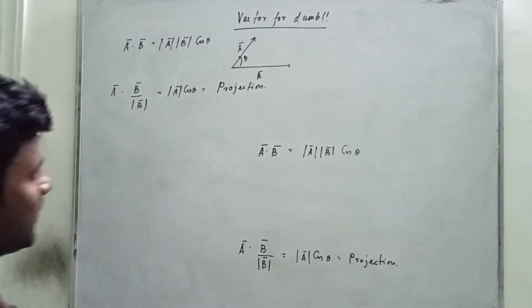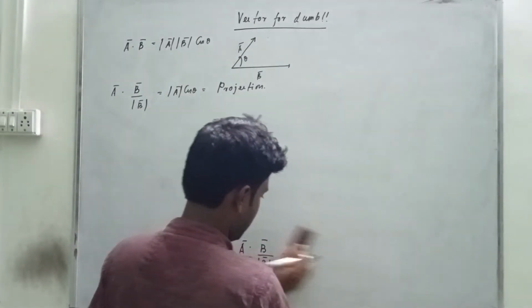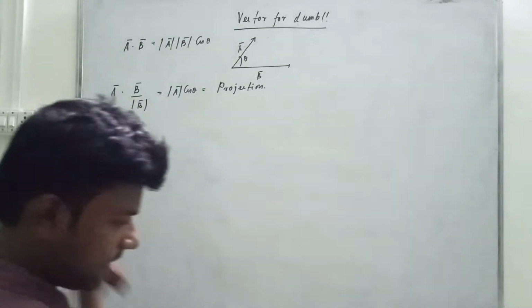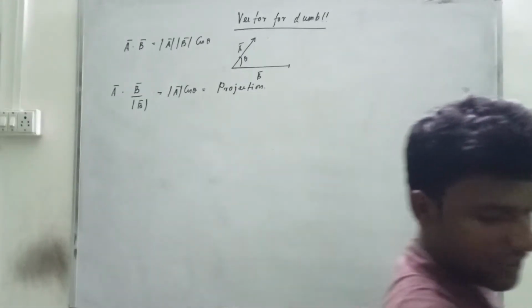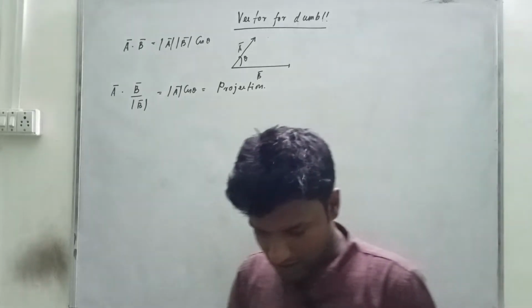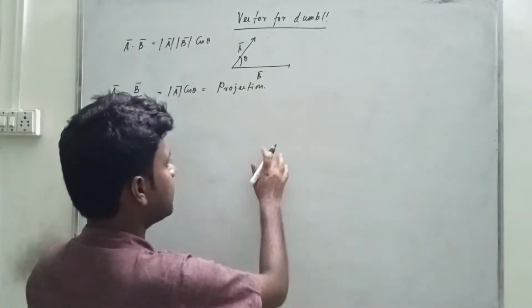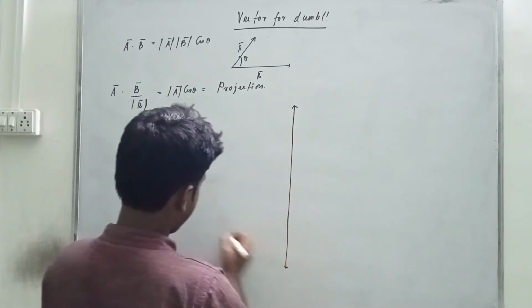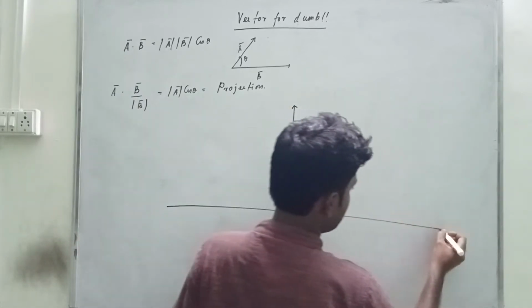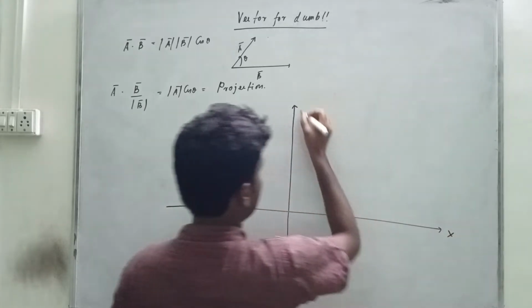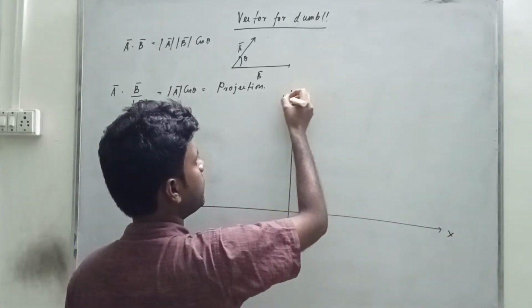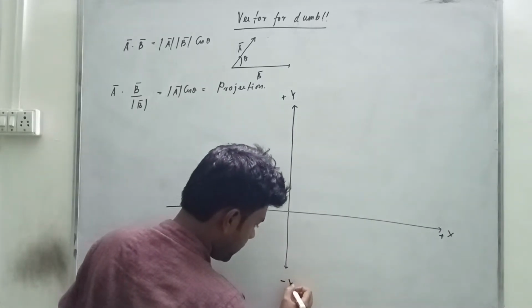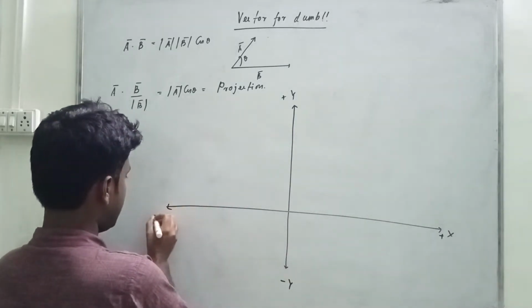Okay, now erase this. Now recall our previous lecture, the algebraic representation of the vector. Here, just draw a coordinate system. It is your x, it is your y, positive y here, positive x here, negative y here, negative x here.